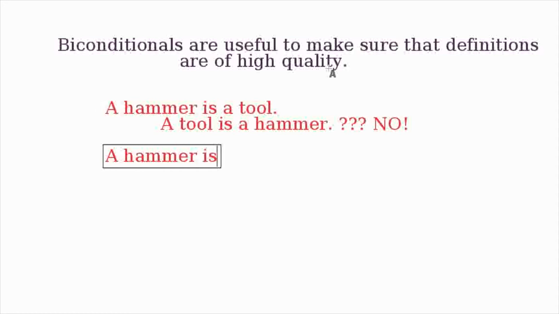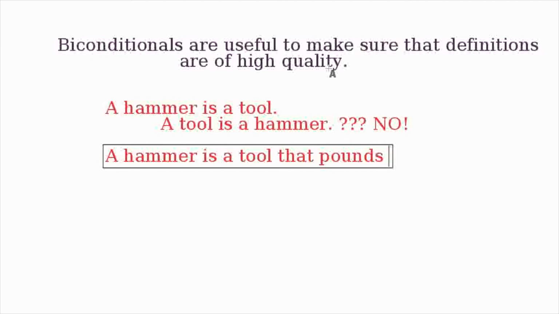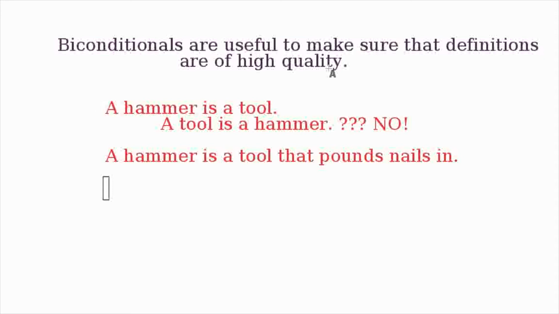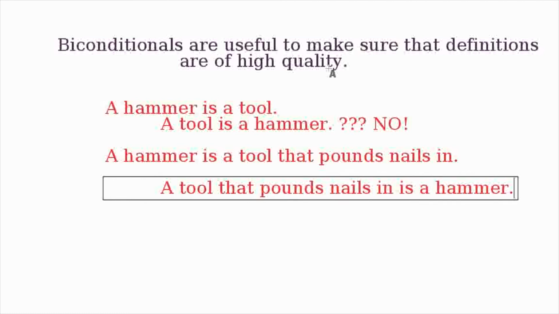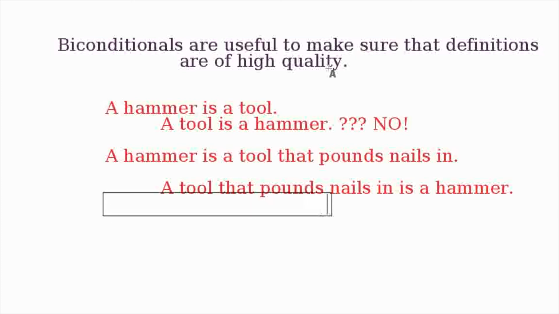A hammer is a tool that pounds nails in. Let's see if that one works in the other direction. A tool that pounds nails in is a hammer. Is that one true? Yes, that one works. So if it works in both directions, then it has a chance of being a good quality definition.